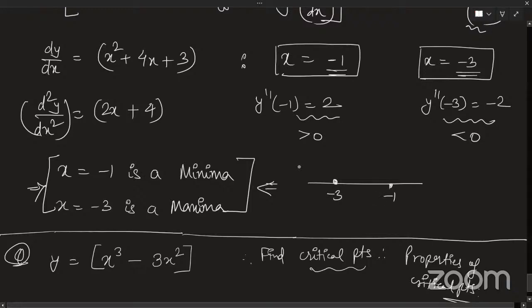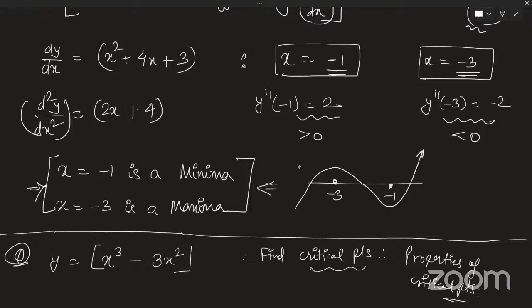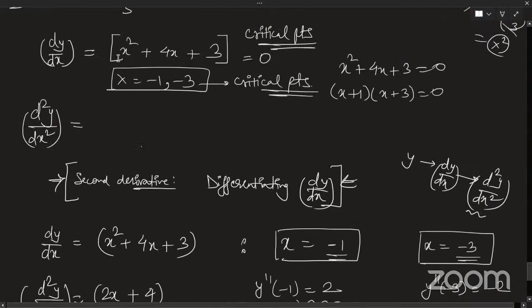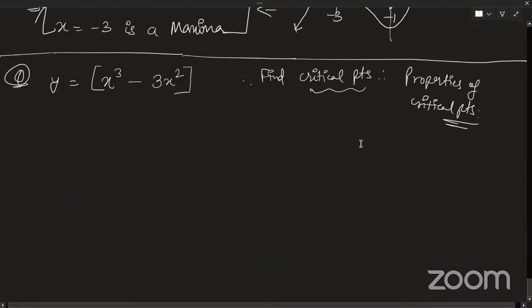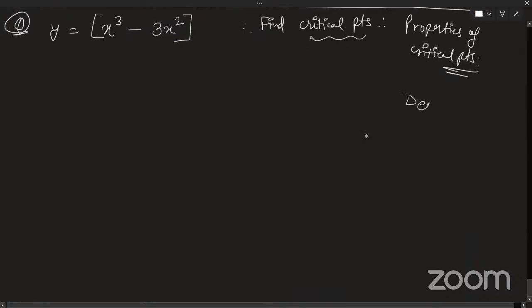So this function -3 is behaving as a maxima, and -1 is behaving as a minima. This is something I can refer about this function. Its graph will be something like this. You can plot it. There is a website by the name of desmos.com.